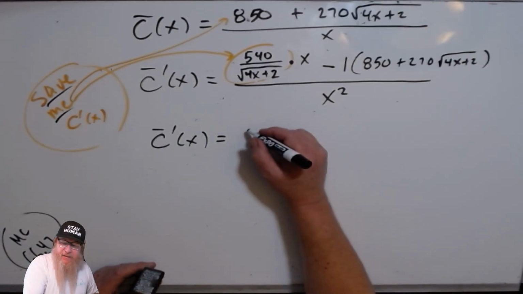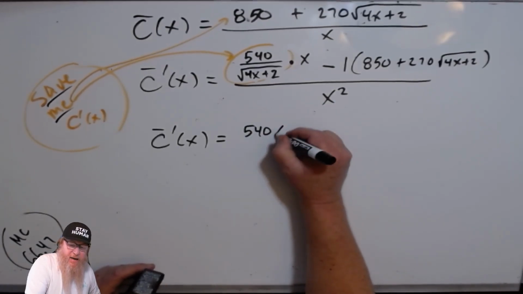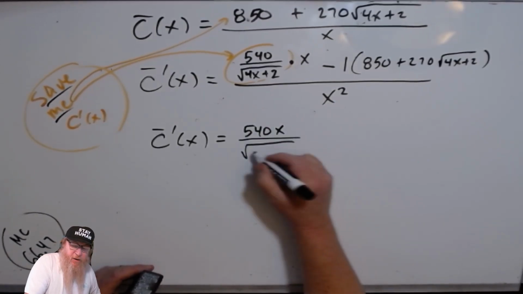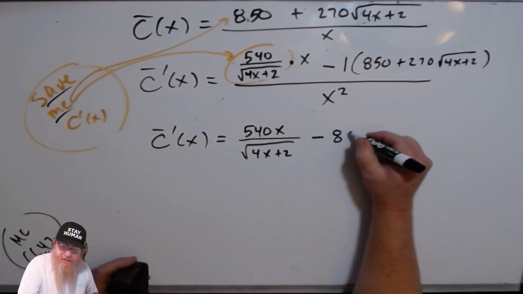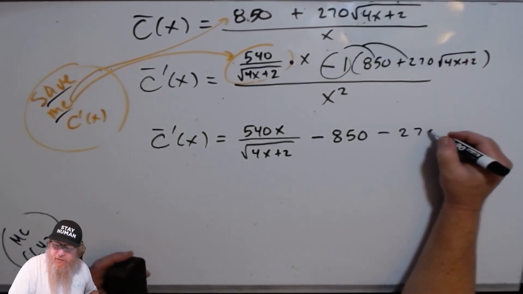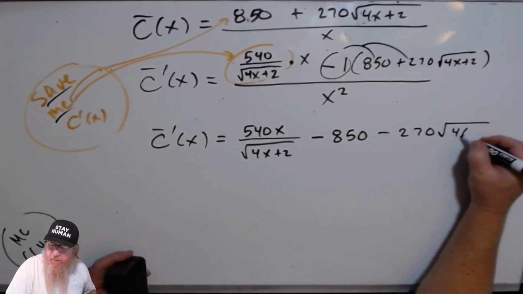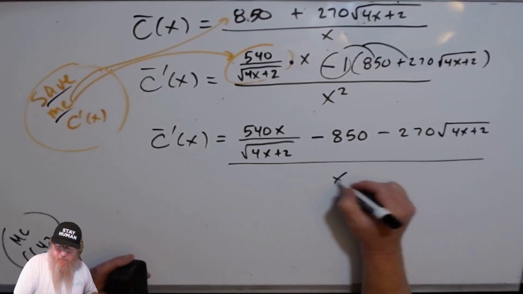It's going to be messy, but that's okay. We can handle it. It's going to be 540x over the square root of 4x plus 2 minus 850 minus 270 square root of 4x plus 2 over x squared.